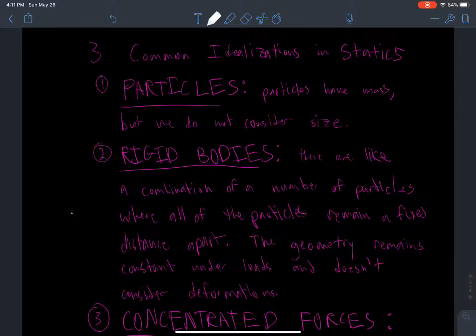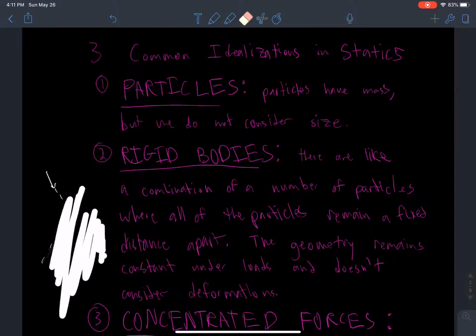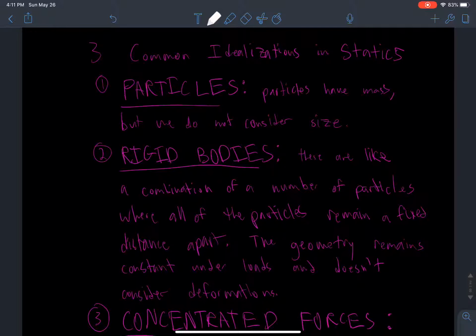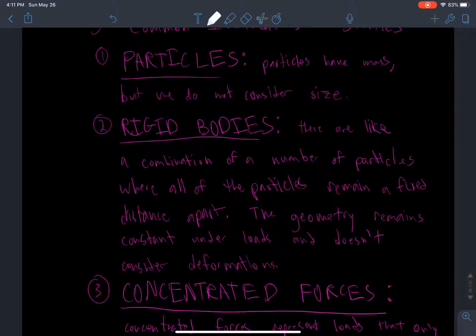So a line of action is basically you have a force, and that force goes through to the point. And when you have more than one force, if their lines of action don't meet in the same place, then you have to consider a rigid body. And rigid bodies are really useful for more complicated stuff. So if you have a truss system, then you're going to want to do rigid body stuff, and you can't just do particle equilibrium anymore.